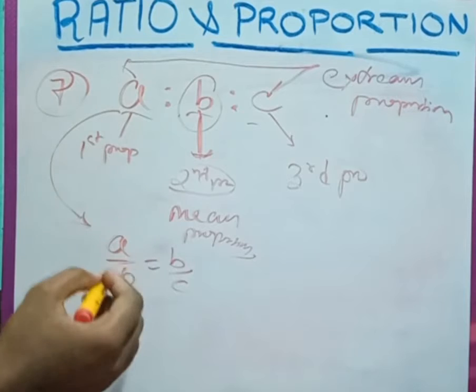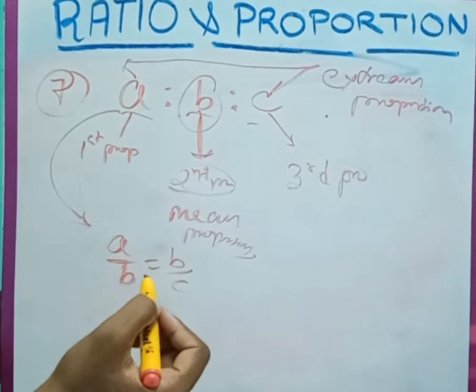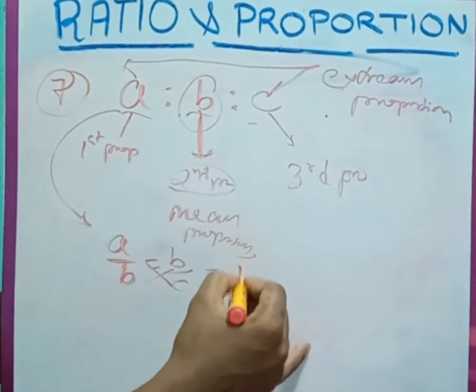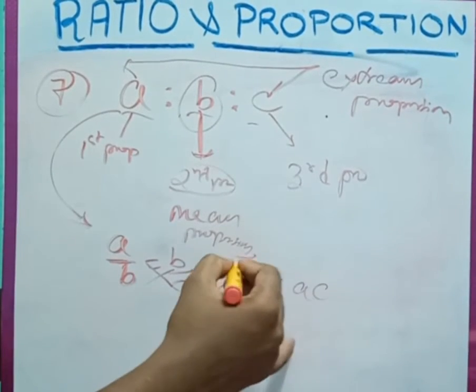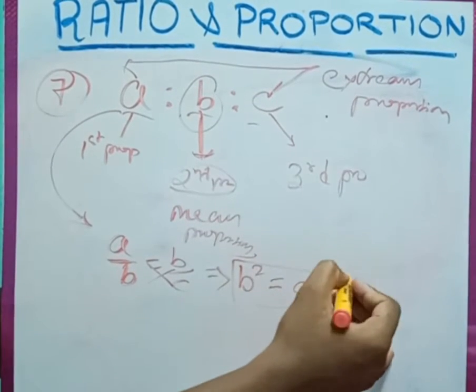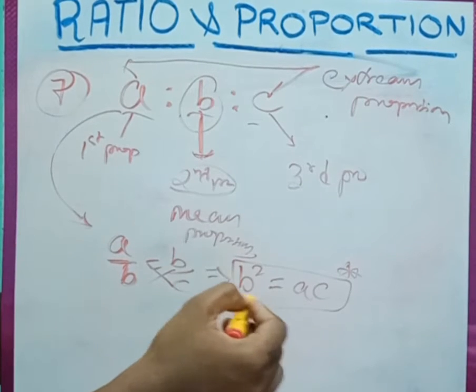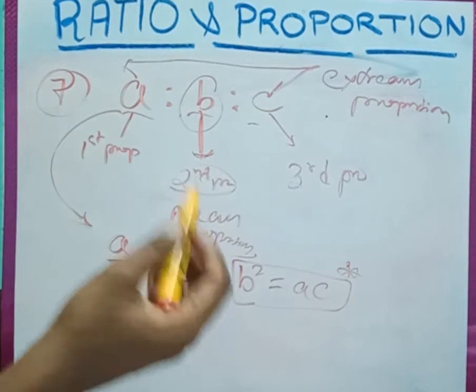So when you break it down into fractions, you write A by B is equal to B by C. When we cross multiply, we get B square equals AC, right? So this is also very important, guys. Note it down. This formula we are going to use in solving questions. So B square is equal to AC, right? So this is all about this thing, guys.